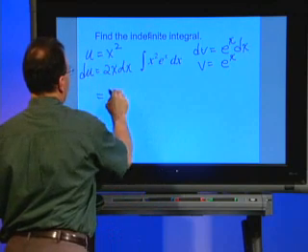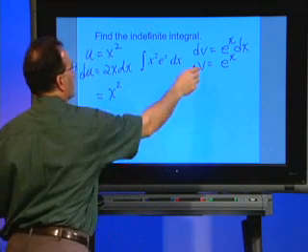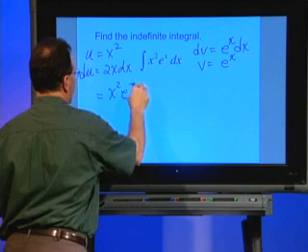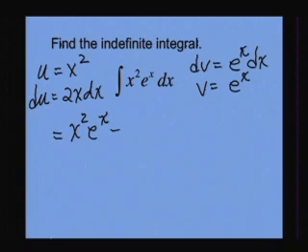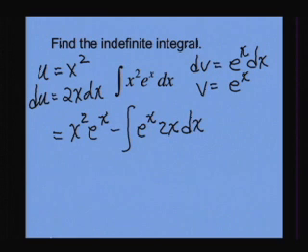So plug this into the formula, u times v. We have x squared times e to the x minus the integral of v, which is e to the x, times du, which is 2x dx.